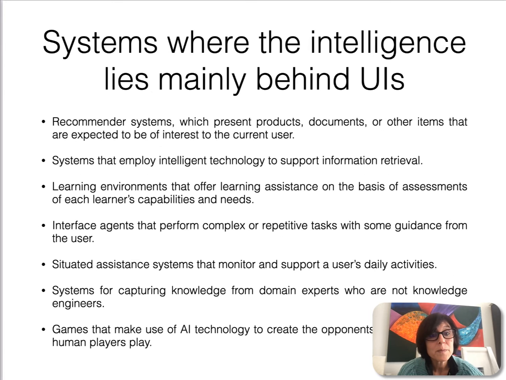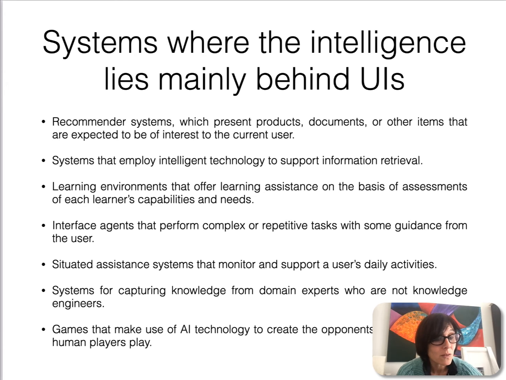Then there are other examples where the intelligence would lie behind the interface. So, for example, recommender systems that present products, documents, and other items, so the intelligence is behind that. The systems that employ intelligent technology to support information retrieval, learning environments that often offer learning assistance on the basis of assessments. Interface agents that perform complex or repetitive tasks with some guidance from the user.